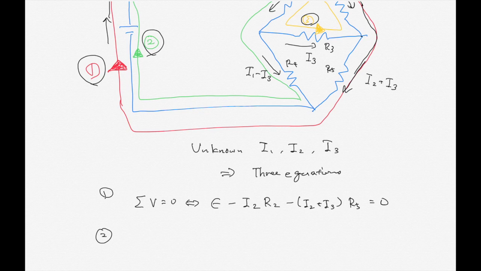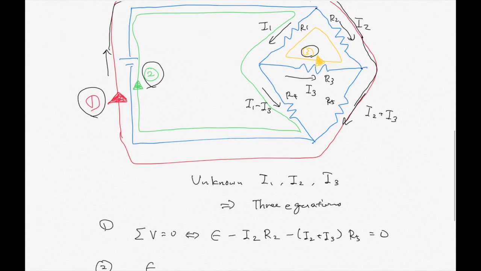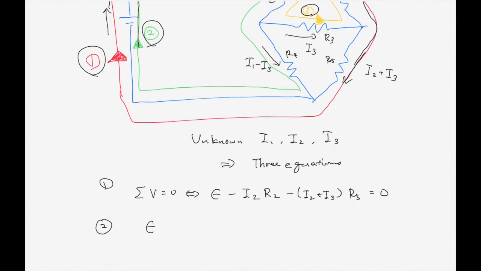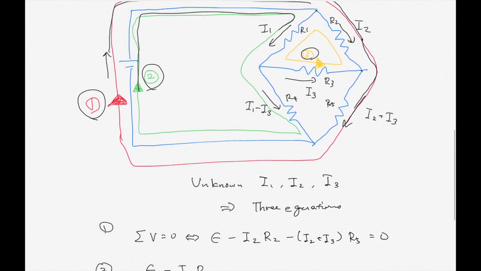First one is epsilon. This is passing through, this is epsilon, and come to this region. Now resistor 1 is passing, minus I sub 1, R sub 1.